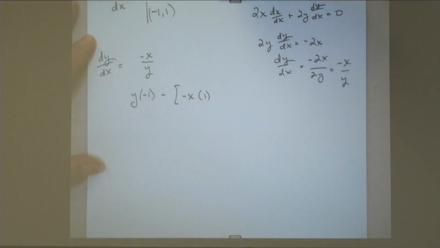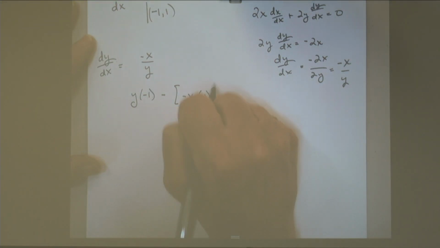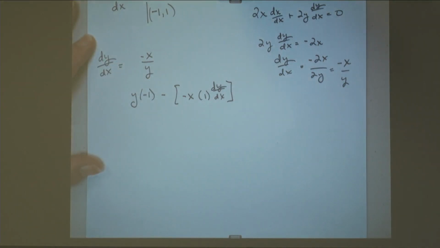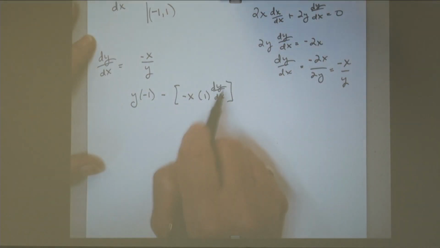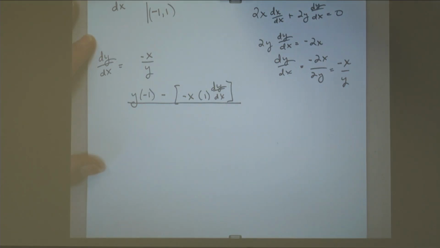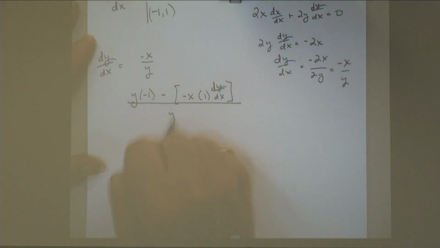Now, the derivative of y is 1, but it is 1 dy/dx. Remember, we're finding derivatives with respect to x. This is the most important part of this problem, because you're going to forget it. And then that's all going to be over low squared, y squared.